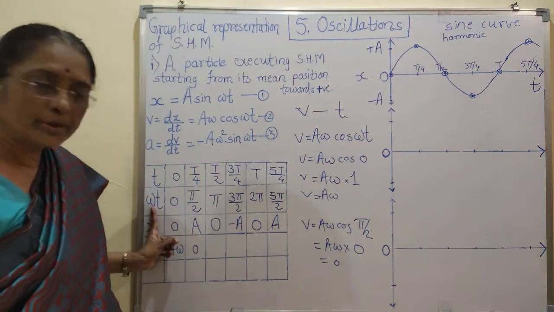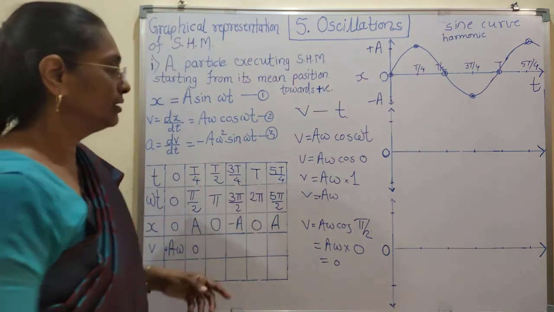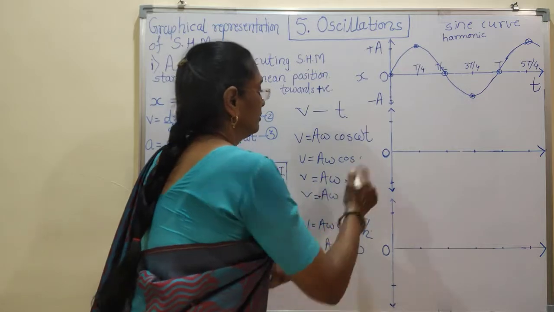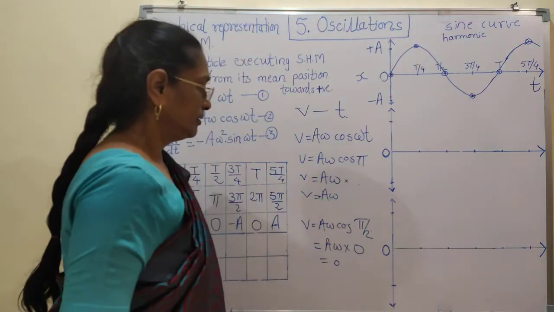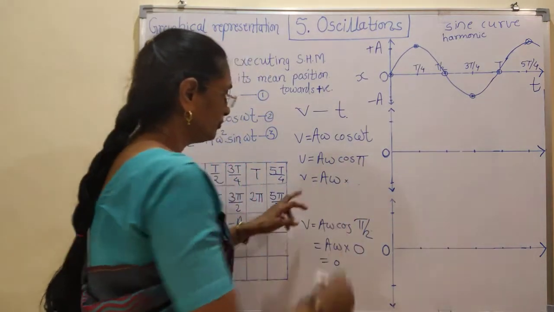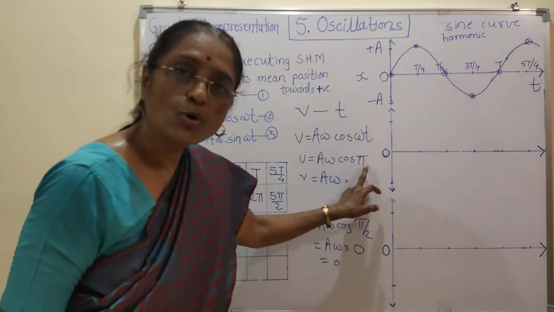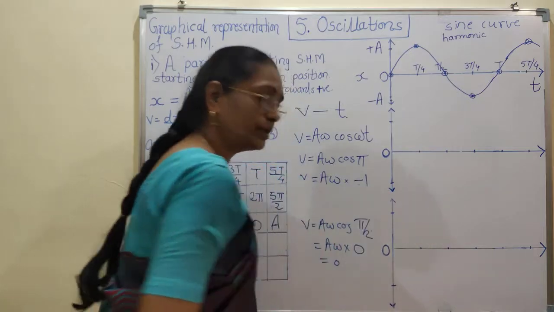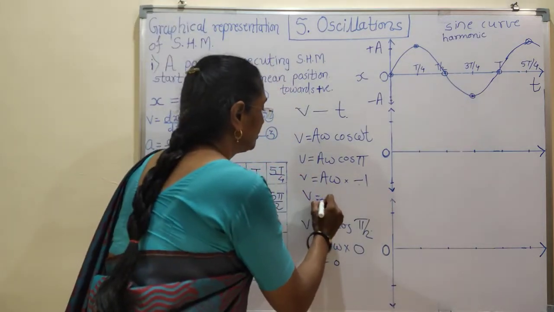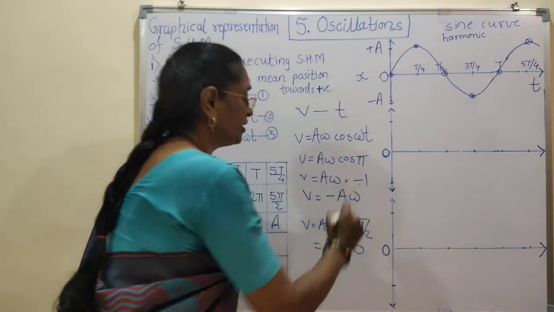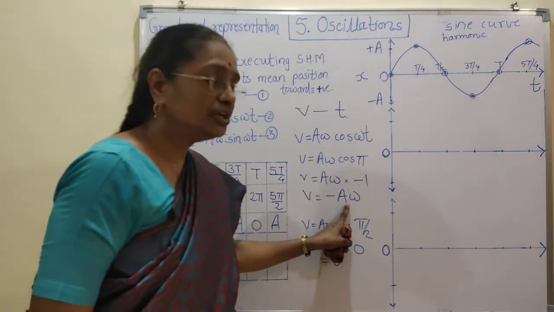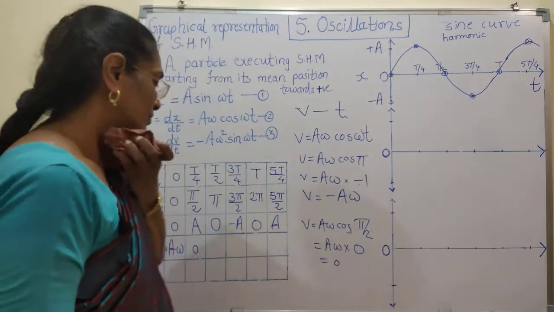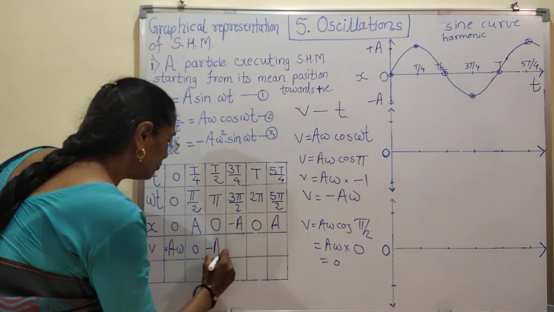Now we substitute omega t equal to pi here. Then v is equal to a omega cos pi, cos 180, which is equal to minus 1. We get the value minus a omega. It indicates negative maximum, minus a omega.